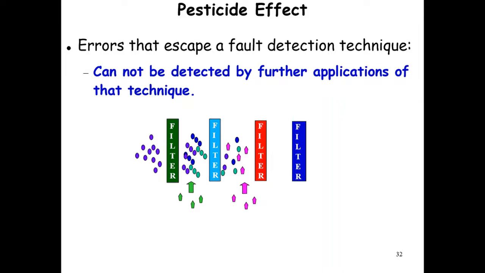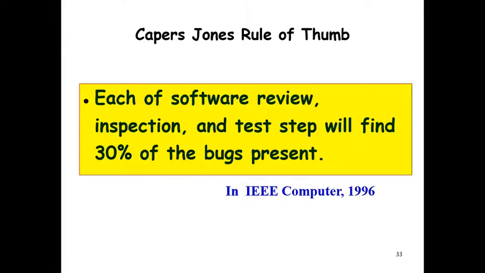Whenever we use one technique to find defects in the system, and at the next stage we apply the same test strategy, we may not be able to find some types of bugs. If a fault is detected using some technique, it cannot be detected by further application of that same technique. This is called the pesticide effect.